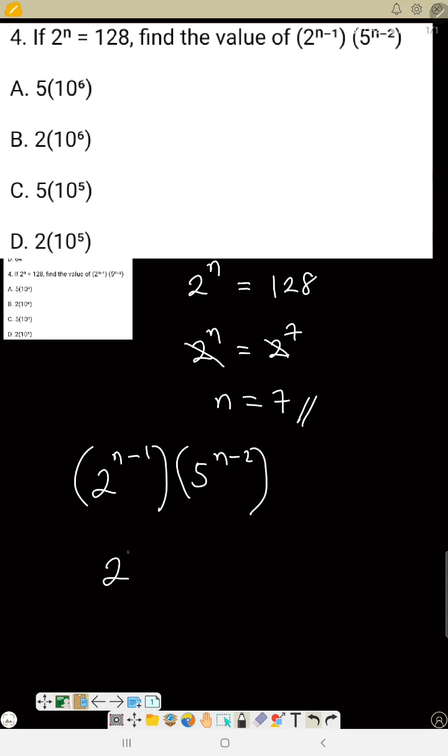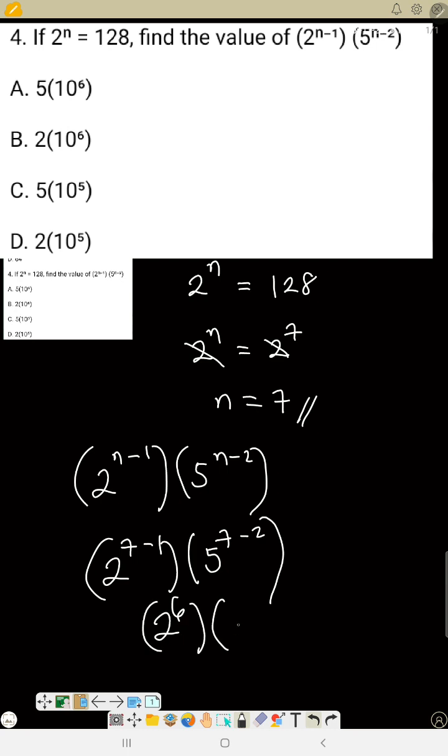So what is now 2 raised to power n minus 1? 2 raised to power 7 minus 1, 5 raised to power 7 minus 2. So this is 2 raised to power 6, 5 raised to power 5, like this.